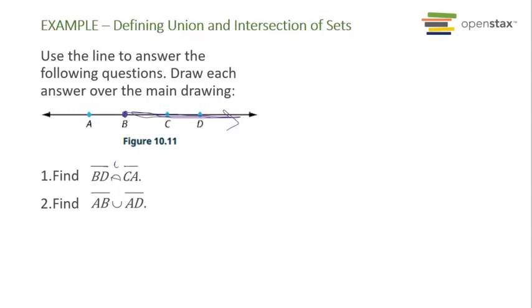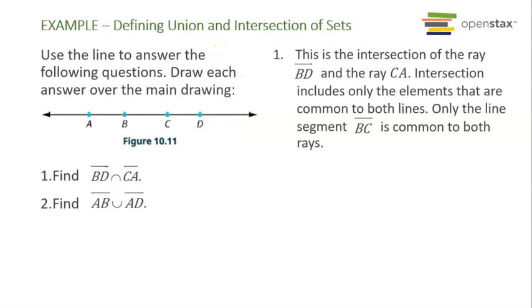Then I'll get another color, and I want to look at ray AC: start at A and head to C forever. This is a little strange, but you would have this overlap, since this goes on forever, where it is going to have B in common.